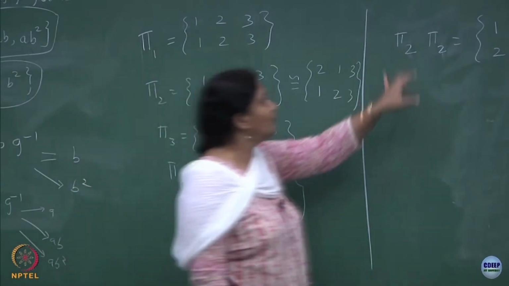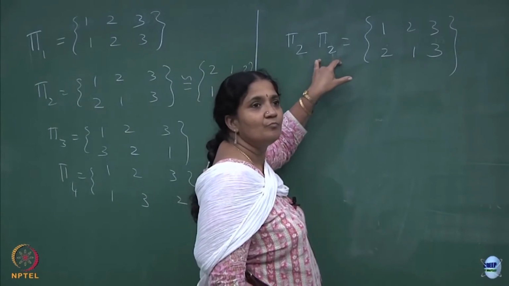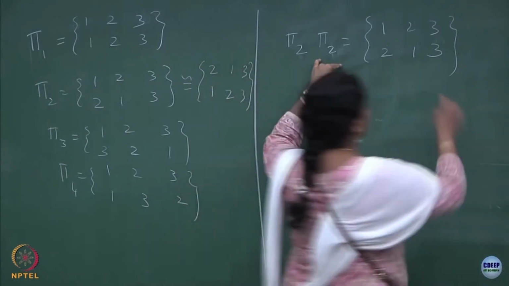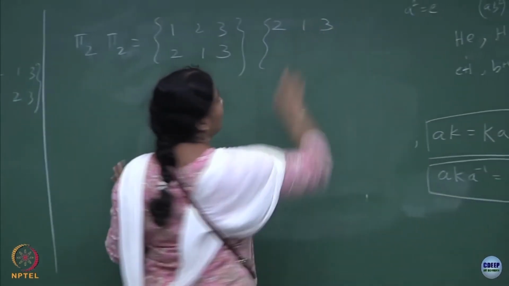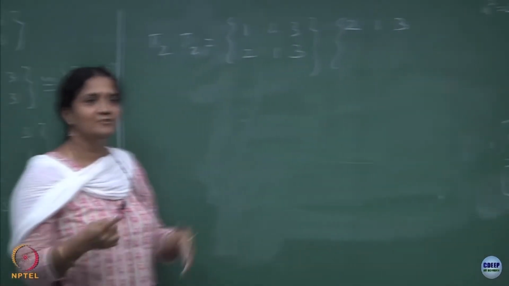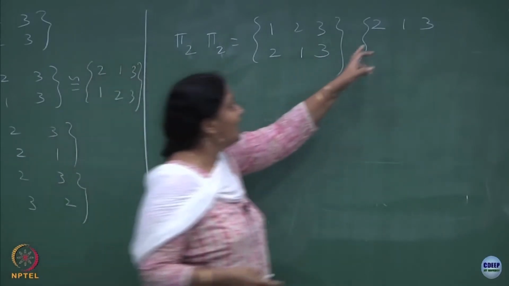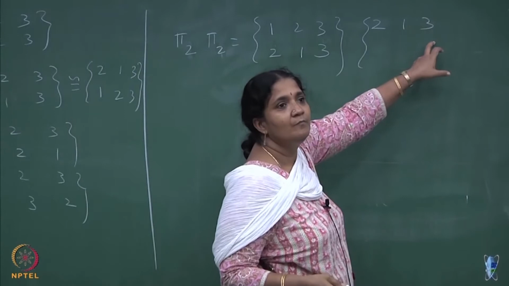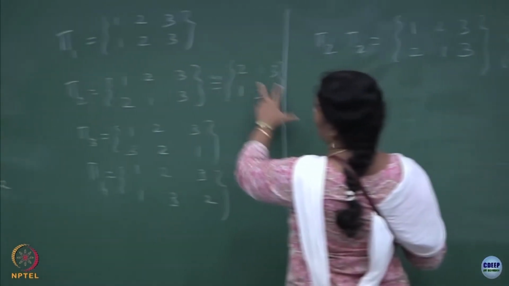So, now we will exploit this property to do multiplications. I want to do pi 2 and then I want to do pi 2. Usually when I multiply fractions, I make sure that I can cancel the denominator with the numerator. So, let us write it in this form and then figure out what is the equivalent.